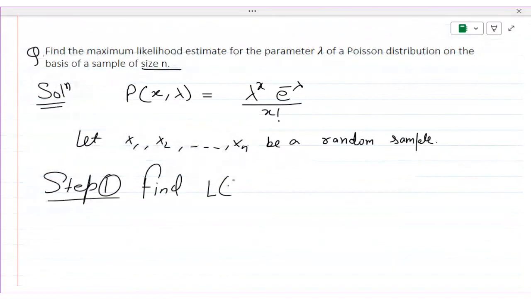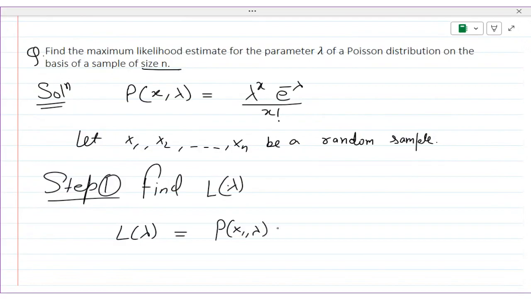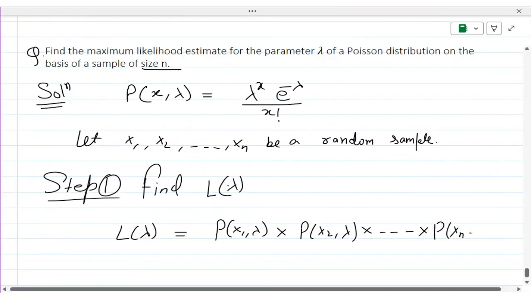Now the parameter is lambda. In the probability distribution function, in place of x, we'll put first x1, then x2, and so on, up to xn, and then we'll multiply.